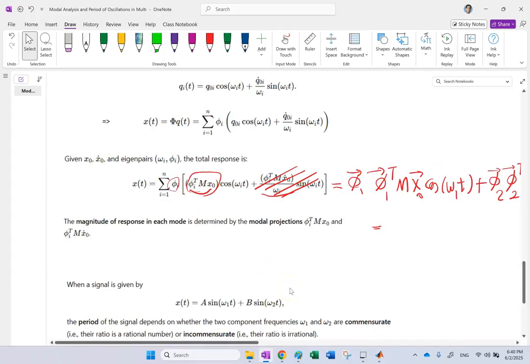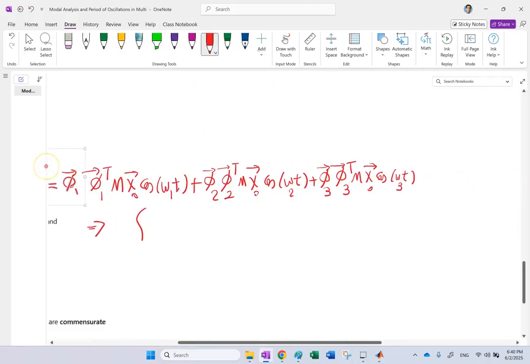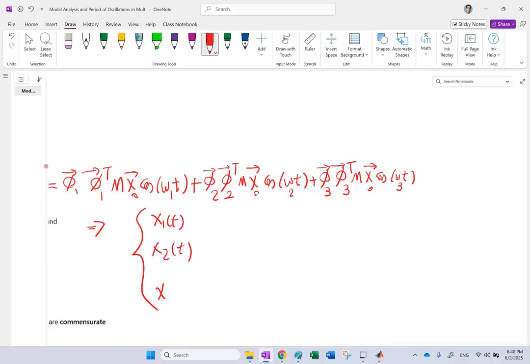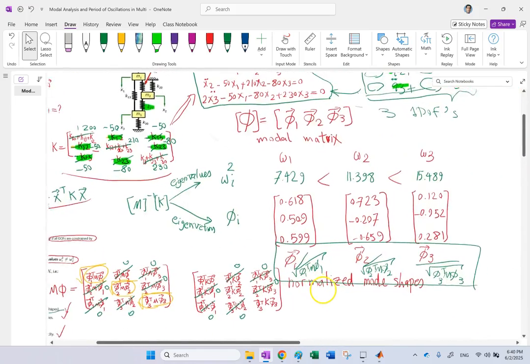So if I want to expand that, I can say, in this case, my x1 of t, my x2 of t, and my x3 of t are going to be those numbers that you just saw, each one of them times cosine of omega 1, omega 2, and omega 3 times t, and we have these omegas here.